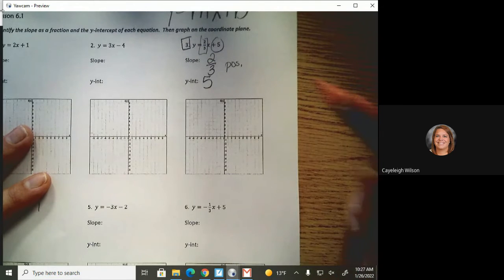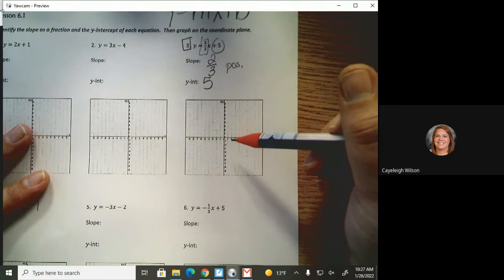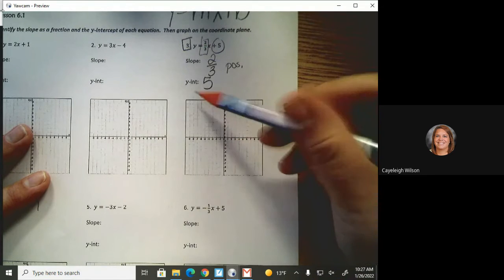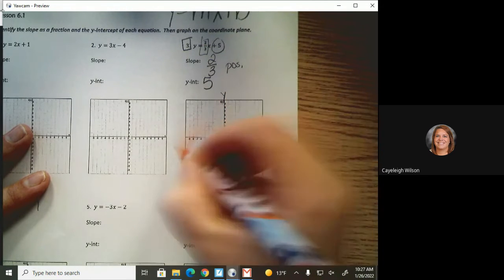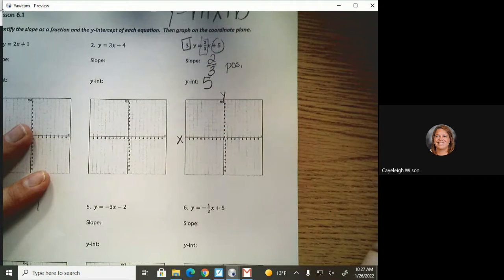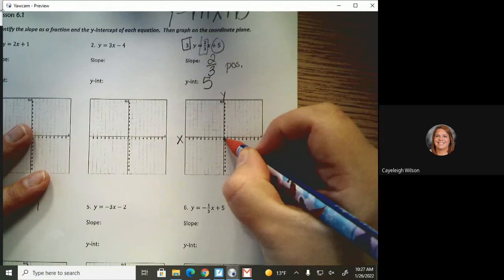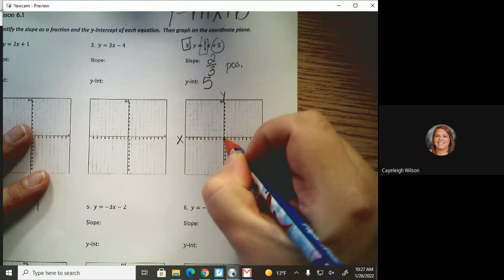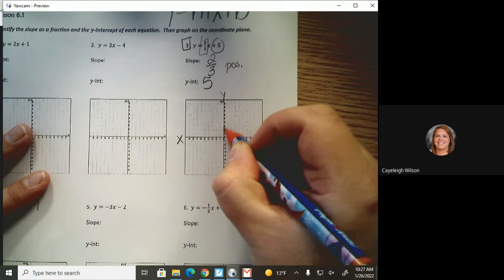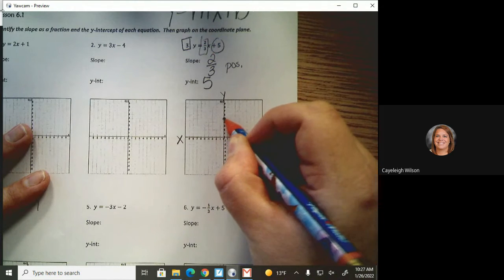All right, so we're going to go on our little graph here, and we're going to go to 5 for our y-intercept, because that goes on the y-axis. So I start here at 0, and I count up to 5. So 1, 2, 3, 4, 5.